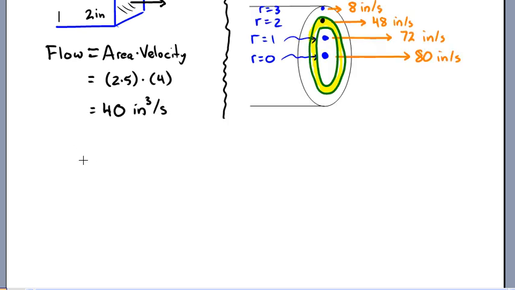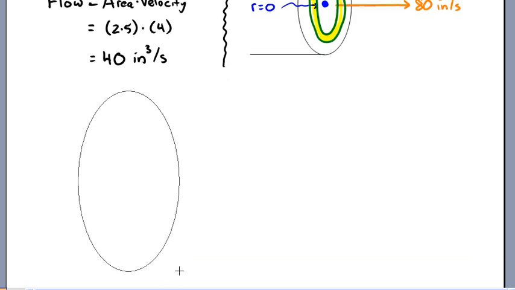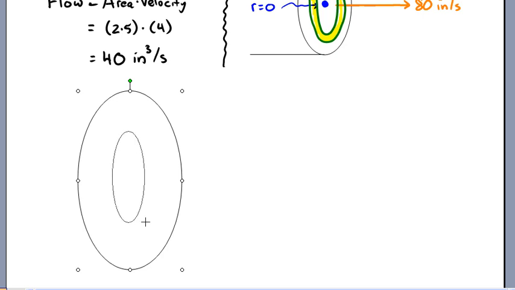So I'm just going to draw that again just over here. This is the face of the pipe. And let's look at a couple of little rings that are in there. Just from there to there, we'll just do a small little ring. That way if somebody's like, oh, I noticed it was flowing faster near the edge, you can say, oh, give me a second, I'll just cut it smaller.